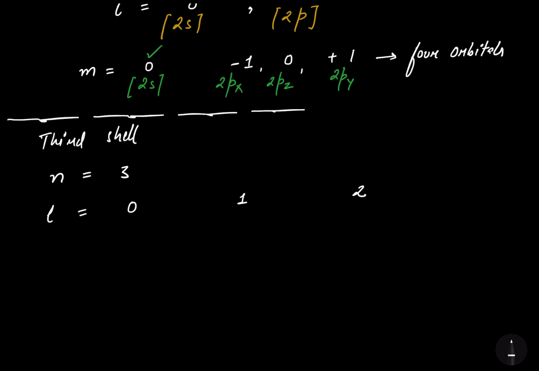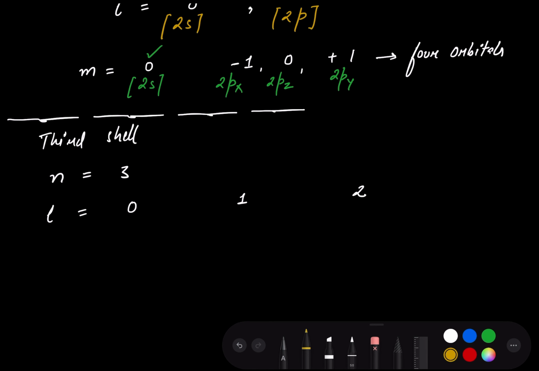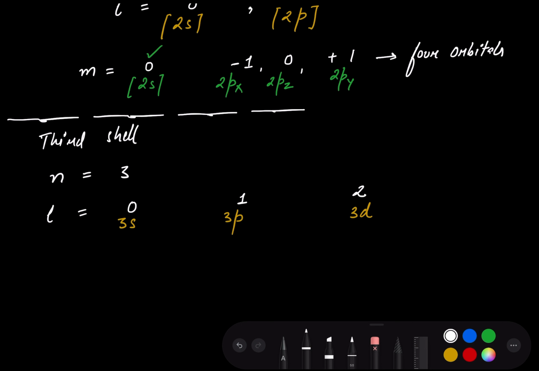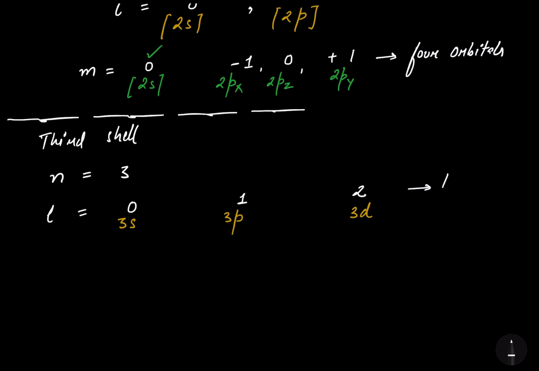Now 0 stands for s, of the third shell, it is 3s. 1 stands for p, of the third shell, 3p. 2 stands for d, of the third shell, so it's 3d. We got three subshells, 3s, 3p and 3d.